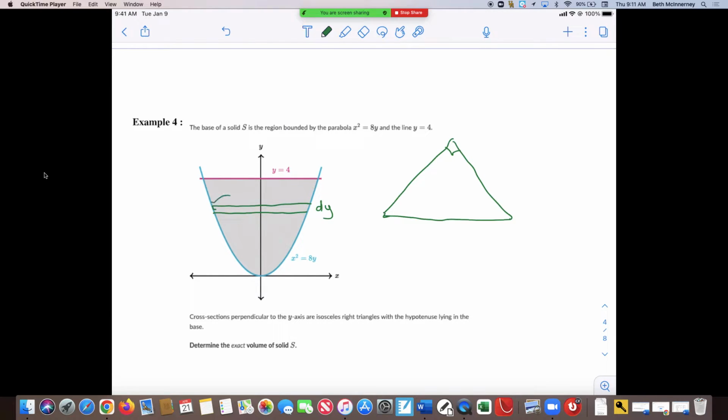So then what is the distance across? Two x. All right. Well, this is an isosceles right triangle, so wouldn't these be 45, 45? So then what would be my side lengths?